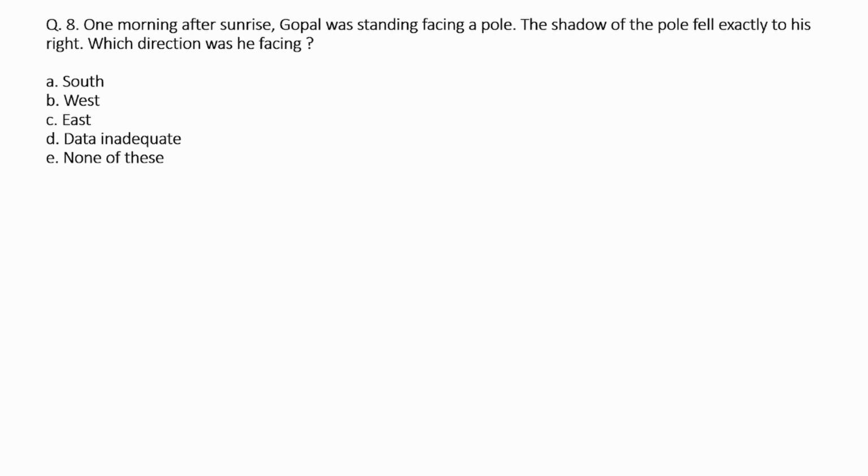One morning after sunrise, Gopal was standing facing a pole. We know that in the morning the sun rises in the east. So whatever objects come in front of the sun, the shadow will fall towards west.